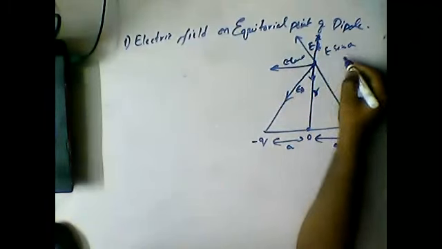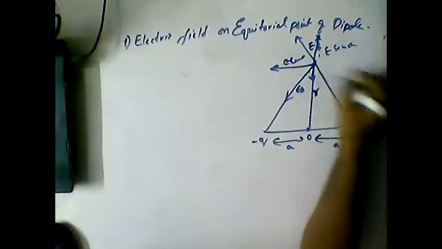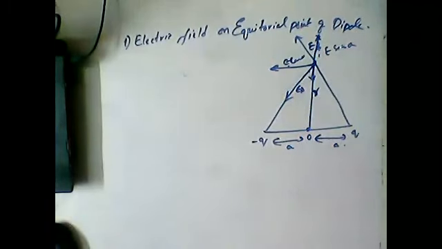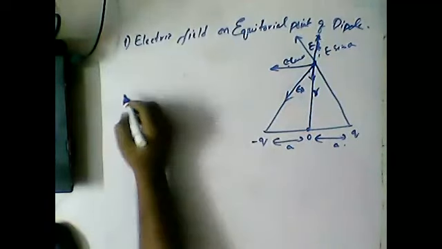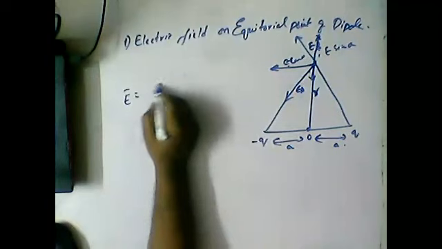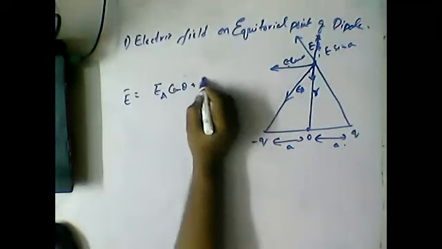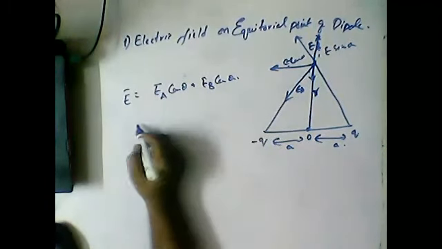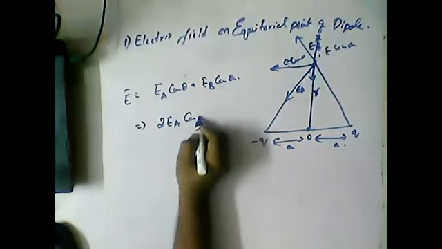The E sine theta components are equal in magnitude and, due to symmetry, they cancel. What we are left with is 2 E cos theta. So we can write E bar is equal to EA cos theta plus EB cos theta. Since both are equal, I can write it as 2EA cos theta.